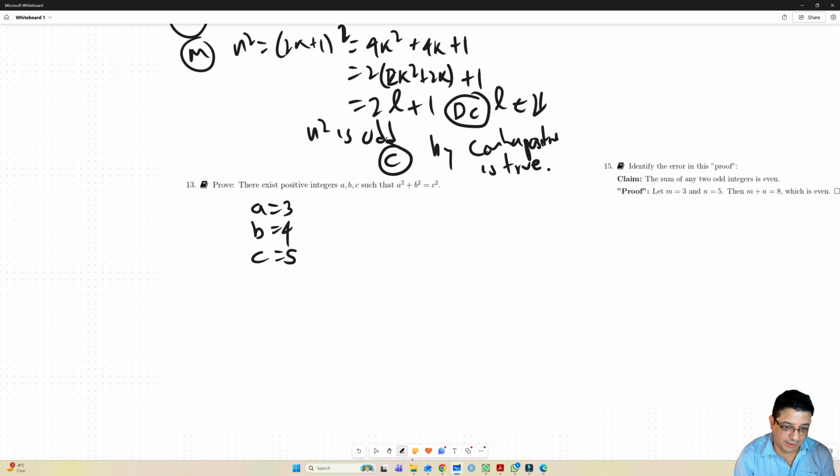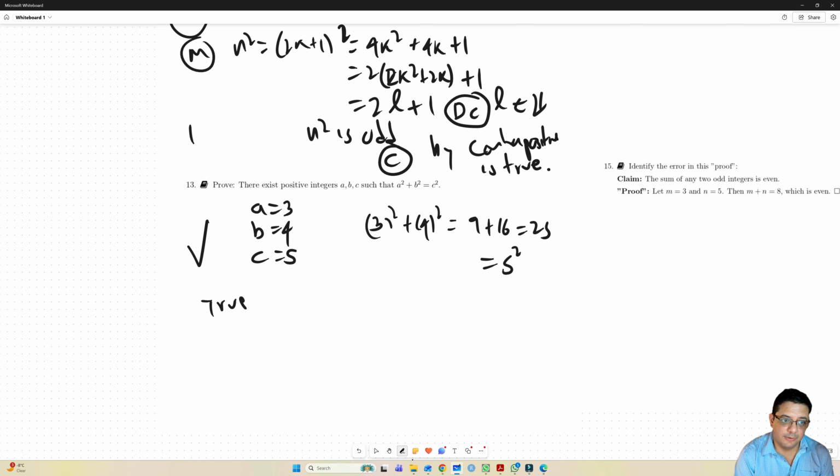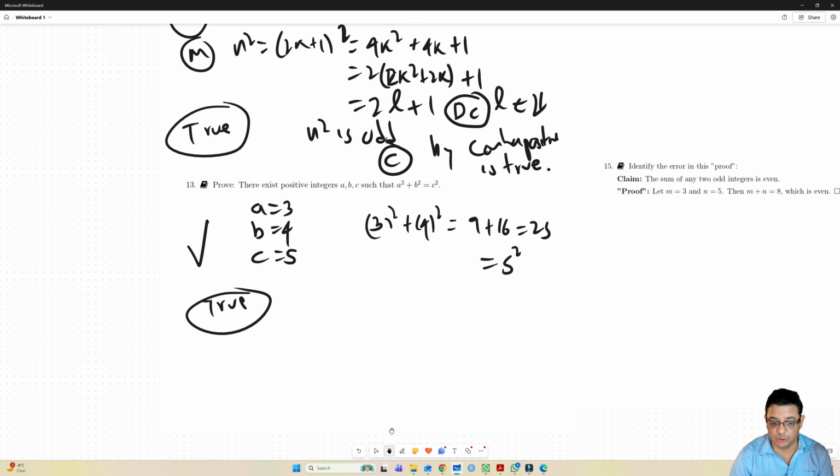This is pretty much the Pythagorean theorem. So I know that 3 squared plus 4 squared is just going to be 9 plus 16, which is 25, which is 5 squared. Okay, so this indeed is true. Similarly, the one before was true. Remember, for an existential statement, you just need to show one example.